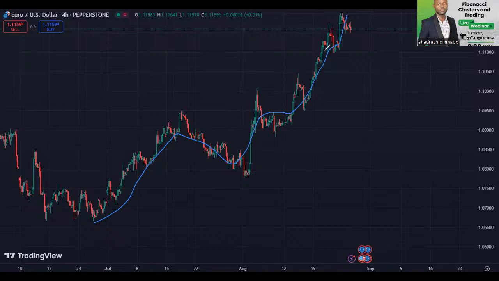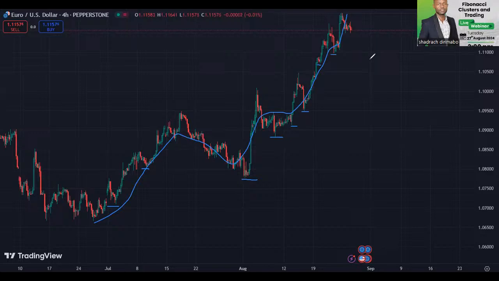It has been trending upwards. And in this Fibonacci cluster, since it's an uptrend, we'll be looking at higher lows. So we want to see a market that has more of these higher lows, because we're going to be playing around these levels.